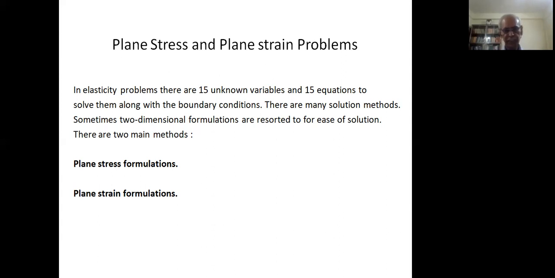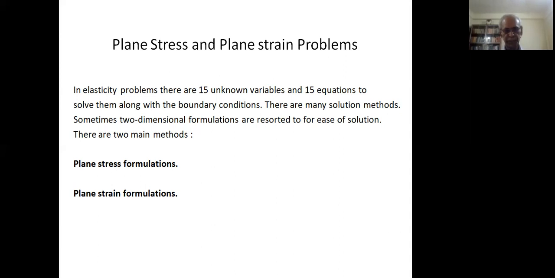But in many cases, this solution becomes complicated because of the number of variables. There are many methods of solving them, and one of the methods is to convert these three-dimensional problems into two-dimensional ones. In that, there are two methods: one is the plane stress formulation, and the other is the plane strain formulation.